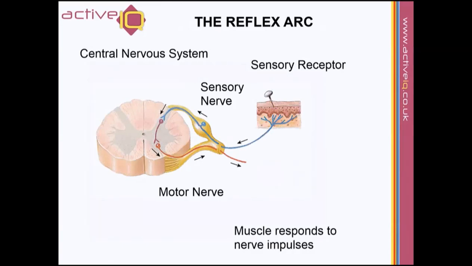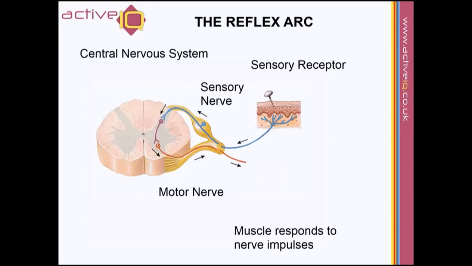Here we have what's known as the reflex arc. You'll see a little arc there. It's the central nervous system. We have a sensory receptor on the right-hand side and a sensory nerve. So basically, if you see the red bits in the middle of the spine there, those are from the CNS, and they're sending messages via the motor nerve, and the muscle responds to nerve impulses.